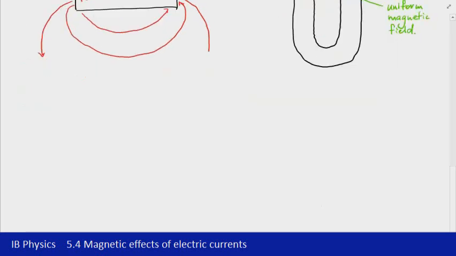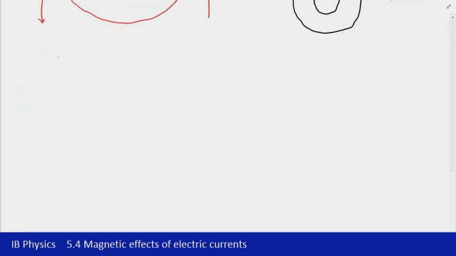Another key point to note about magnetic field lines, or any field line really, is that they don't cross. And the reason why that's important is that it means that the field is going to be unique at each point in space. So we can't have two fields in the same region crossing over each other.